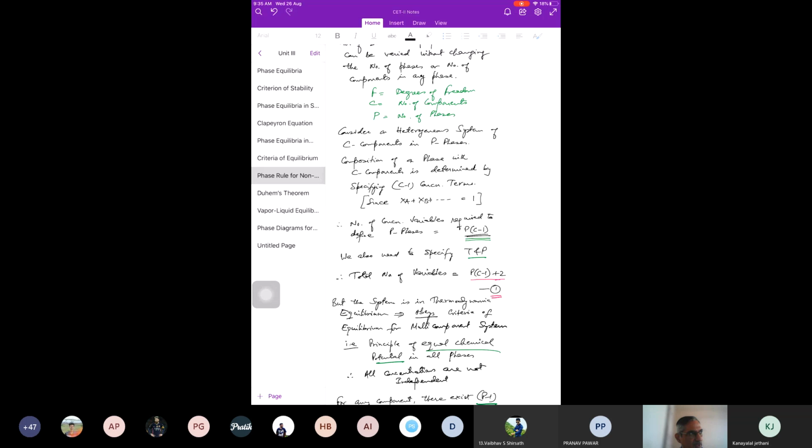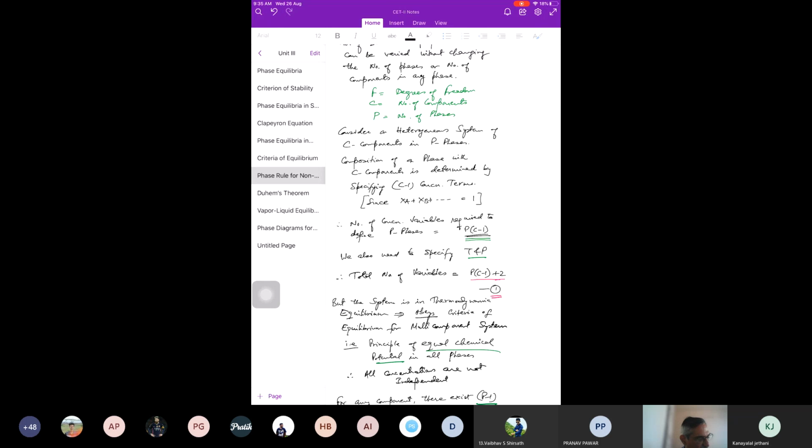Summation of mole fractions is equal to 1 and summation of mass percent is equal to 100. So I need to specify only C minus 1 concentration terms for C components, right? So the last component is already specified. Did people understand why C minus 1 terms are needed for C components?